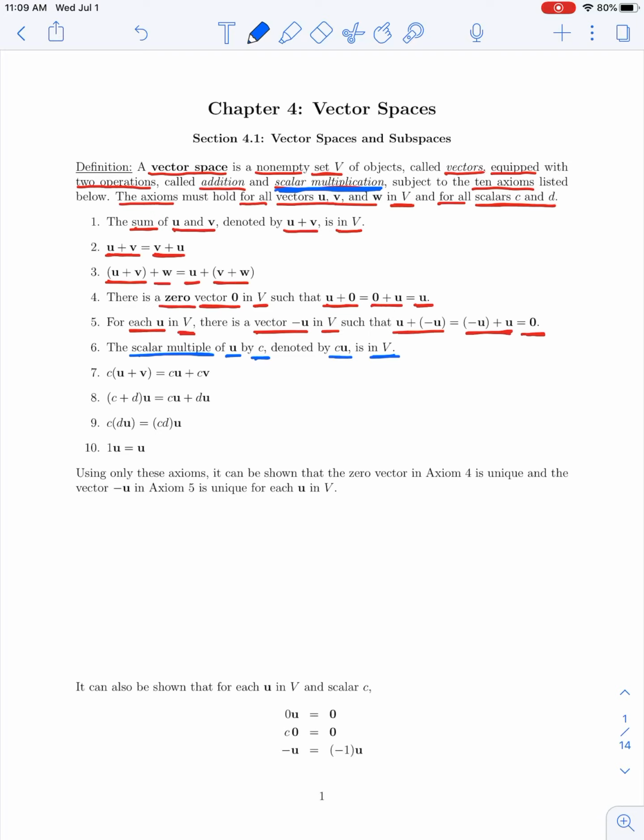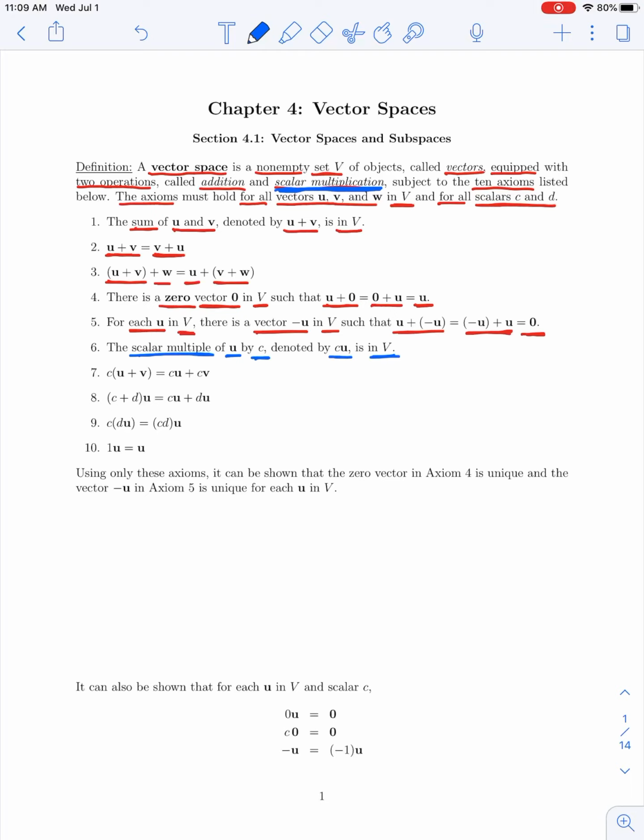If I take any scalar and any vector which lies in my space, the scalar multiple of that vector must also lie in the space. If that is not true, then my space is not called a vector space.